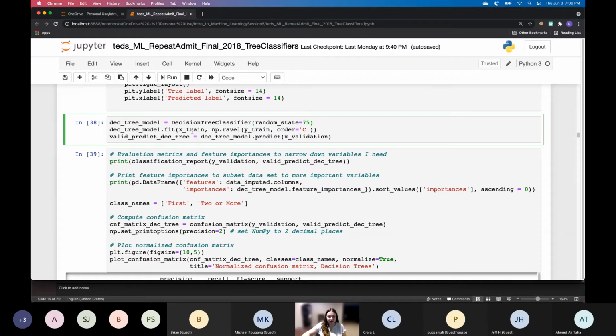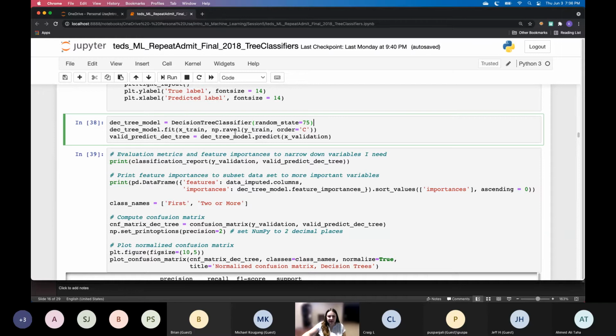We have our training data. First, we basically make the skeleton for the model. You usually want to pick a random state and pick any number there. This will just make sure that your model will come out the same every time, because there's a random element to this model.